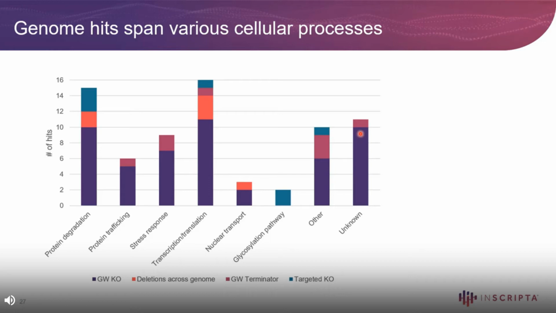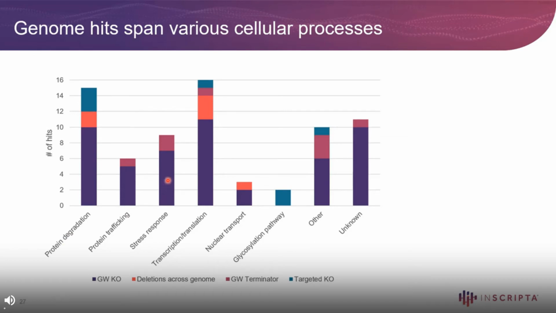So we identified all these hits in all these different cellular processes. And what was exciting to us is, if I think about heterologous protein production, these are all the pathways that I think might be important for that. You don't want to degrade the protein that you're expressing. You need to make sure that it's being trafficked in the proper way through secretion. Overproducing a protein is probably stressful to the cell.